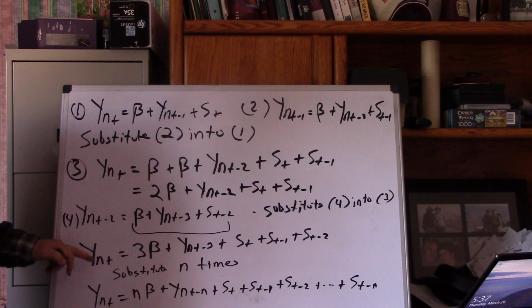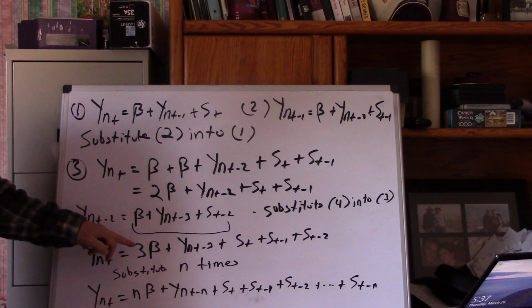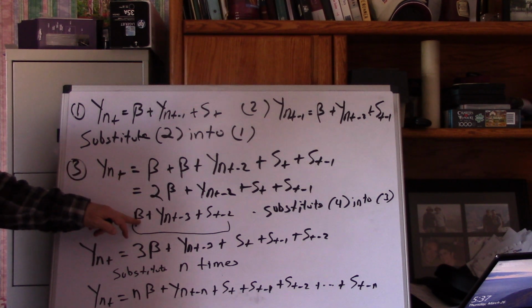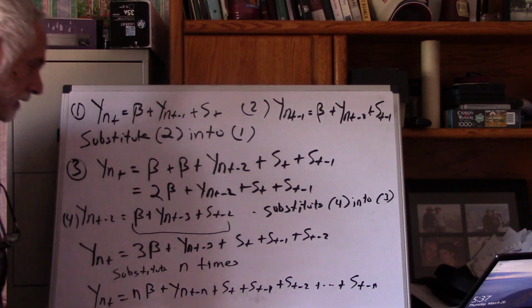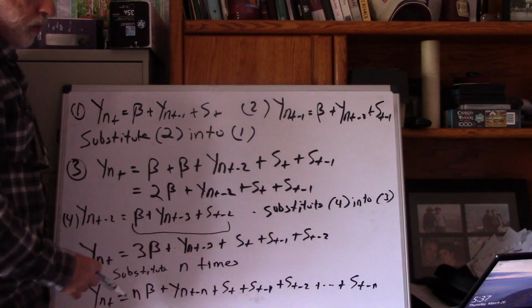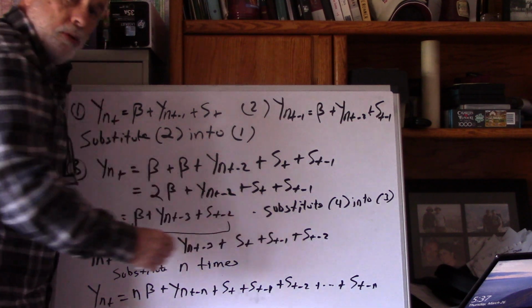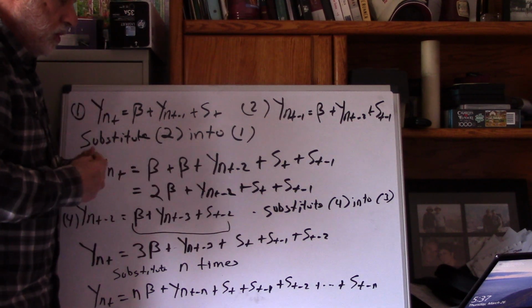And what I get is YNT equals 3 betas now, because here I've got 2 betas and I'm adding a 3rd beta. And then I've got YNT minus 3 plus the 3 shocks: the supply shocks in period T, in period T minus 1, and in period T minus 2.